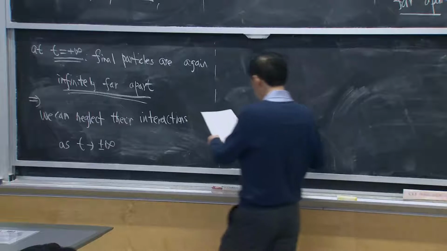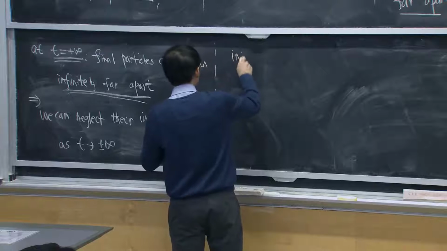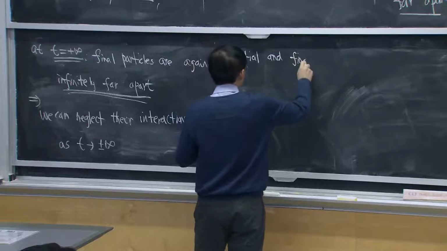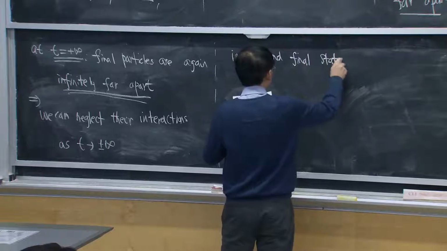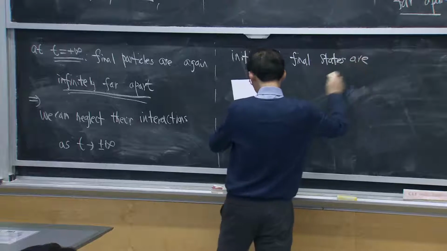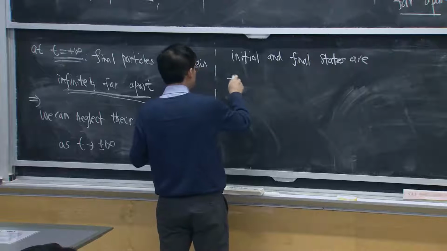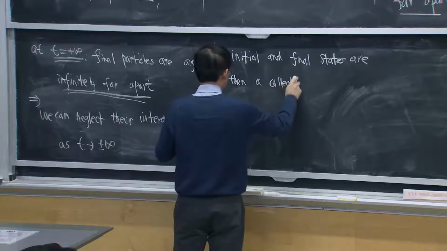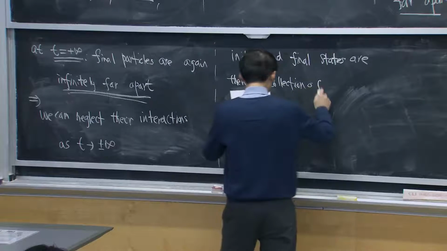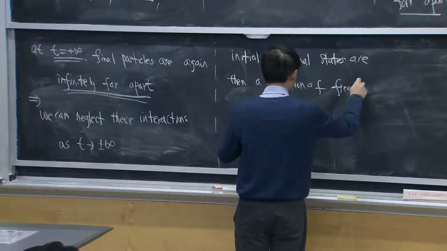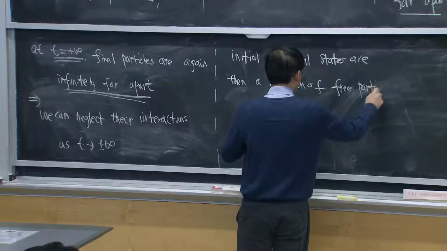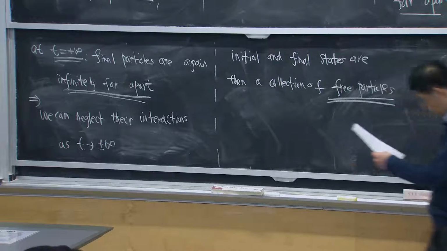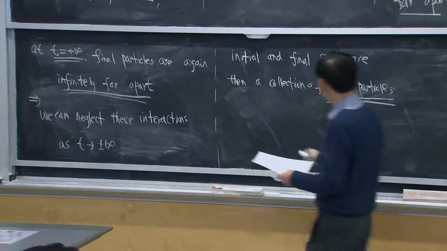So the initial and final states are then a collection of free particles, and can be described by free theory.